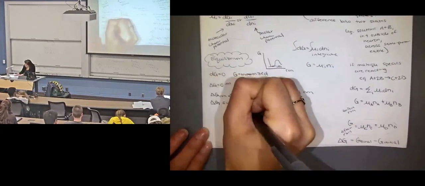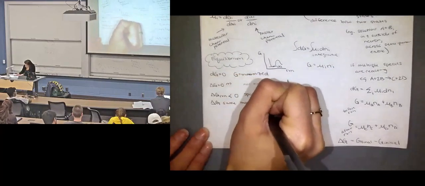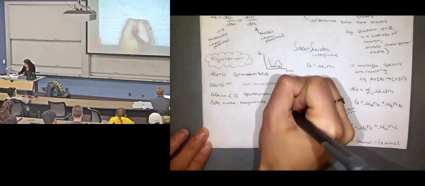And delta G has the same magnitude and the opposite sign for the reverse direction.